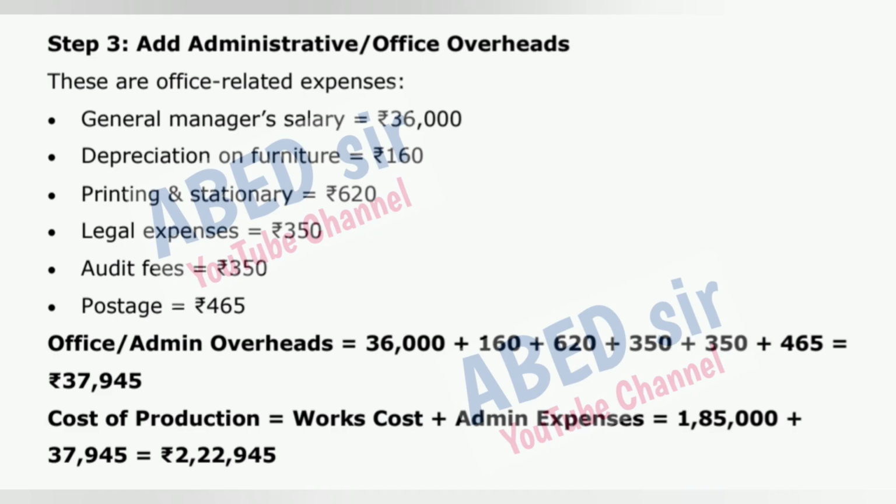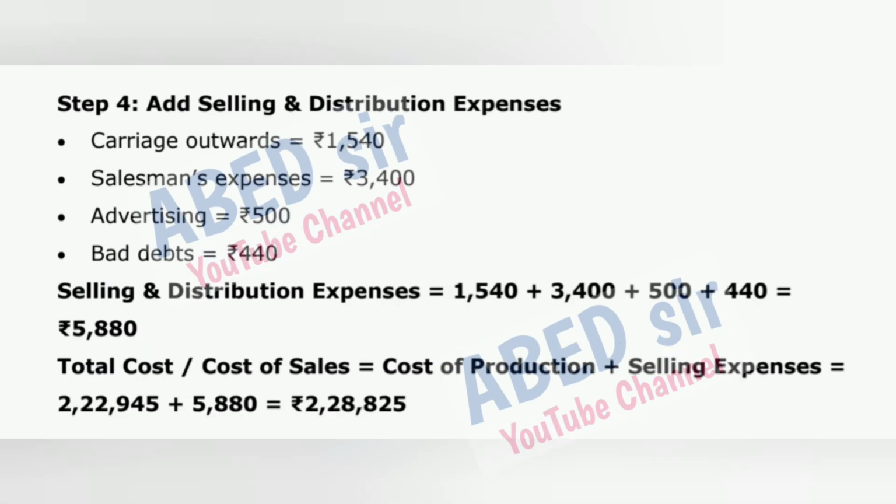Office admin overheads is equal to 36,000 plus 160 plus 620 plus 350 plus 350 plus 465, is equal to 37,945 rupees. Cost of production is equal to works cost plus admin expenses, is equal to 1,85,000 plus 37,945, is equal to 2,22,945 rupees. Step 4. Add selling and distribution expenses. Carriage outwards is equal to 1,540 rupees.